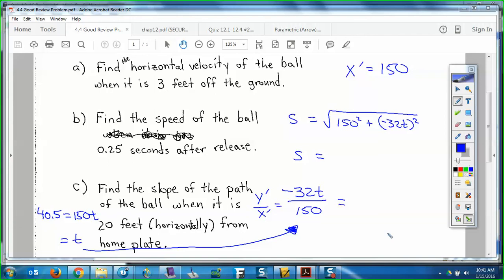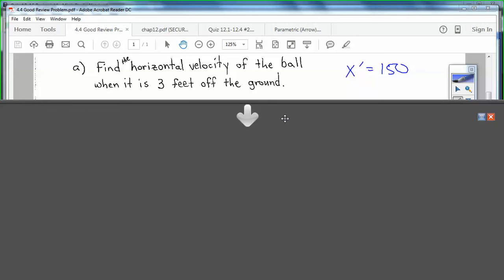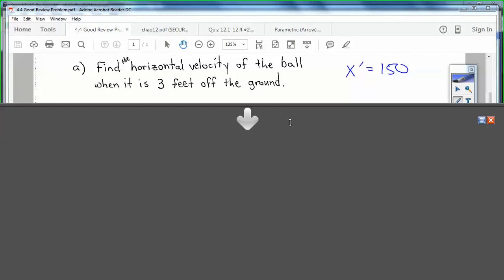Okay, Caleb, how you coming? You got them all? He's almost there. He's horizontally no conflict. Yeah, that's right as well.